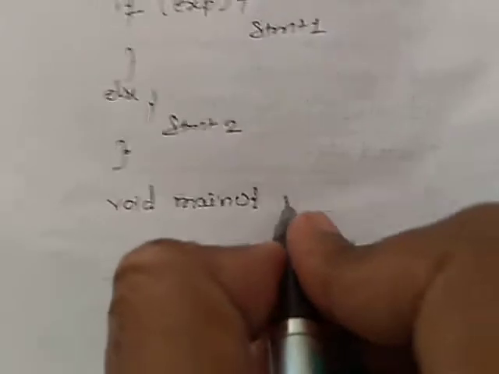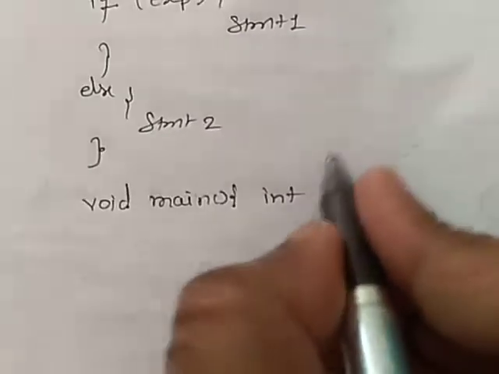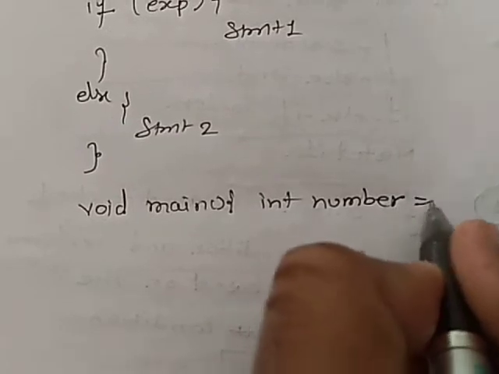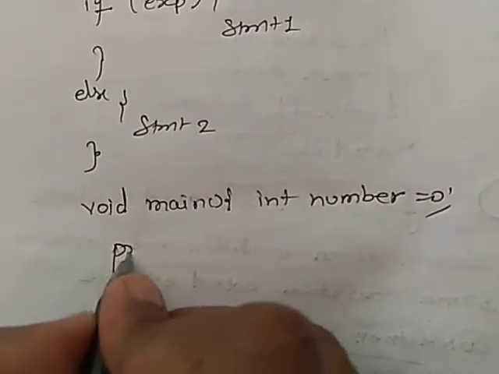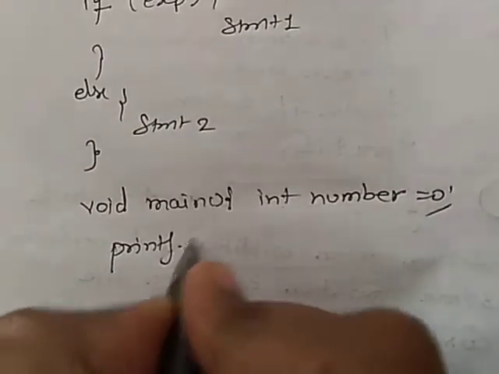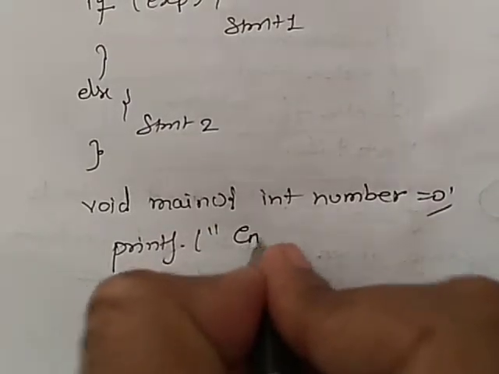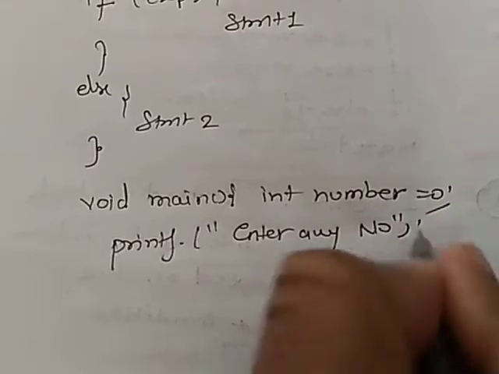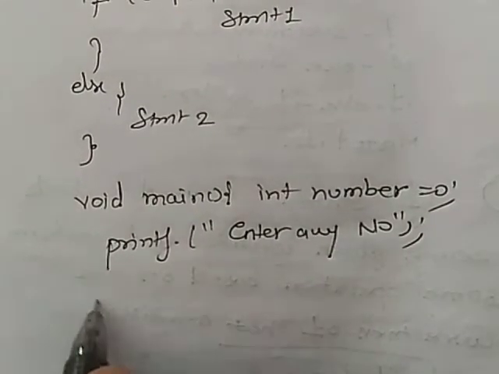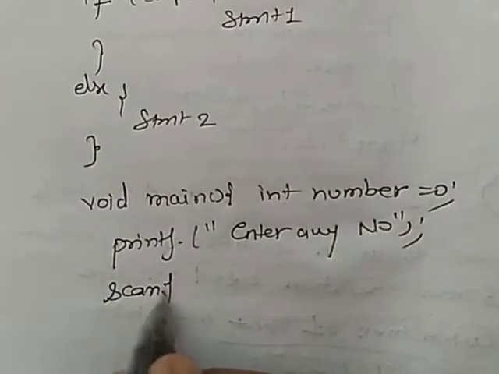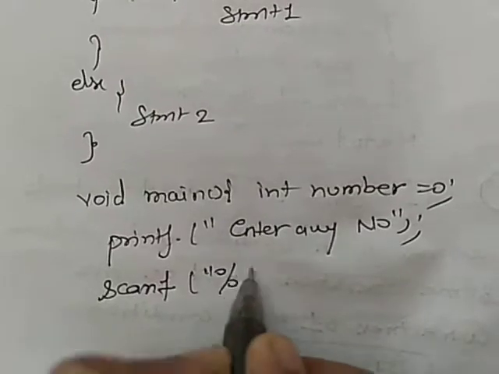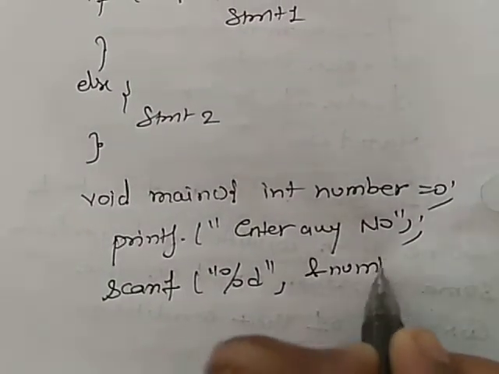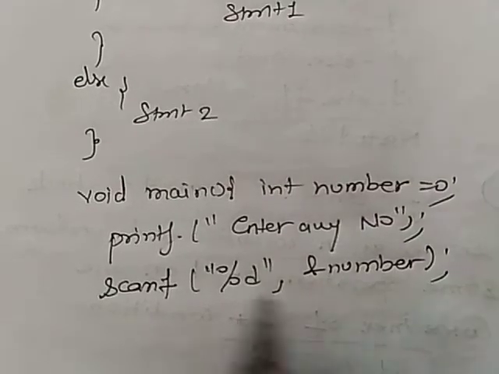Inside the main function, take a number equal to 0, printf "enter any number", scanf "%d", address of number.